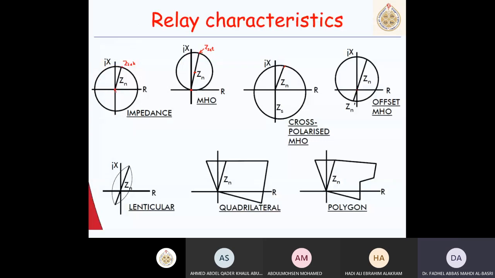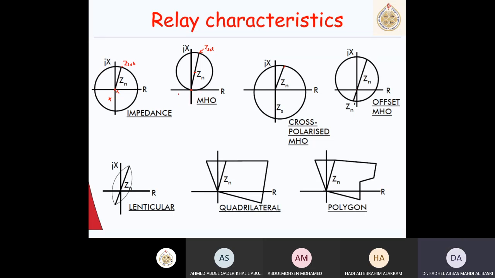Here, if this is the relay location and this is the line impedance, for example, a fault forward is somewhere here, but a fault backward, behind the line, also operates it. So this is non-directional, so it cannot be used without a directional unit.